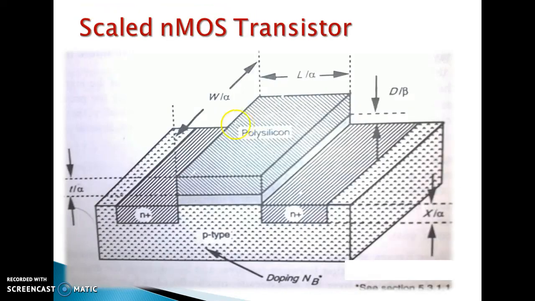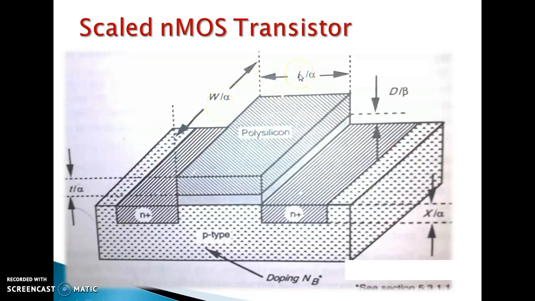For example, here if you see the MOSFET, this is the basic structure of an N-type MOSFET. So this is our P-type substrate, N-type source and drain, and this is the gate region. The length here is the length of the MOSFET, L, and this is the width of the MOSFET.